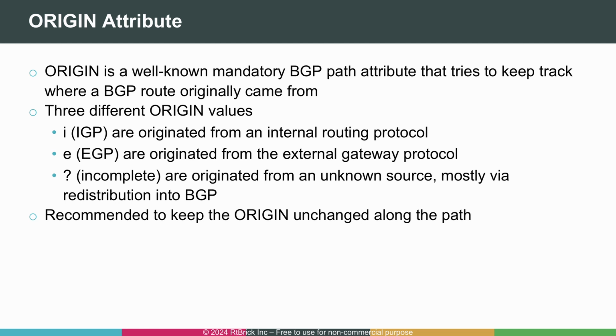This was used during the migration from EGP to BGP but is no longer seen today. Incomplete, typically represented by a question mark, is a prefix learned from an unknown source, such as through redistribution of static routes into BGP. Once set, the origin code should never be modified.